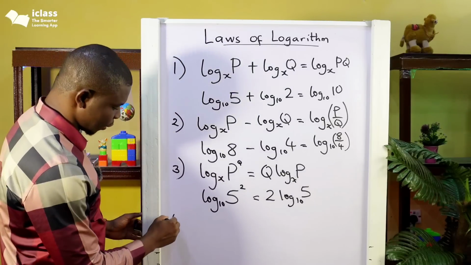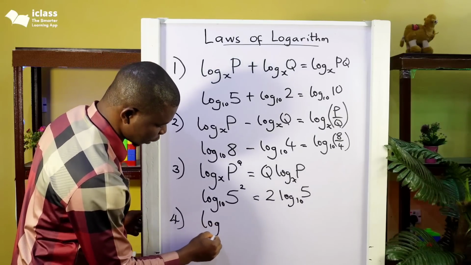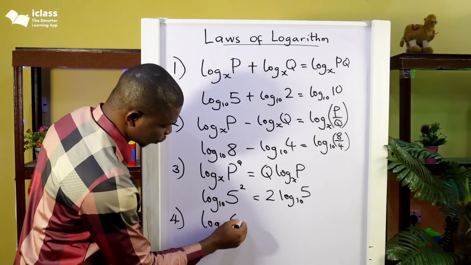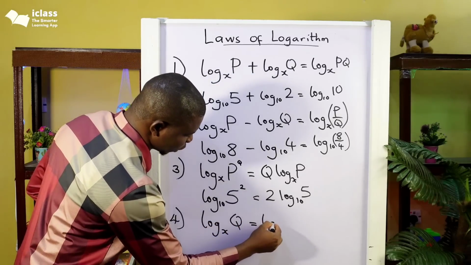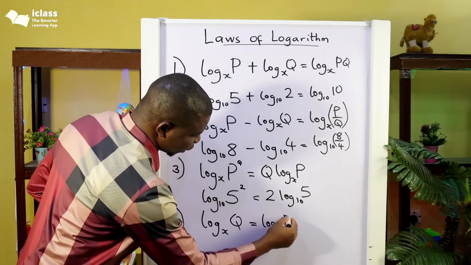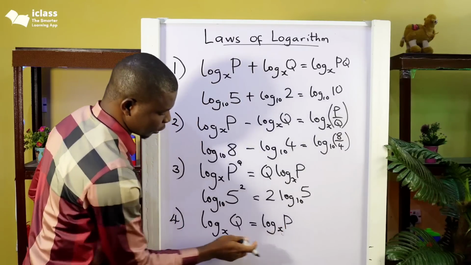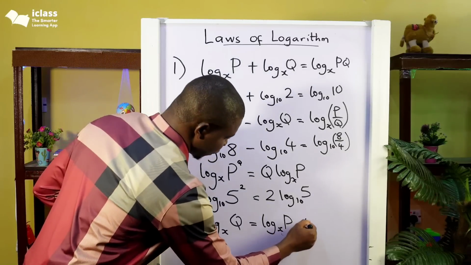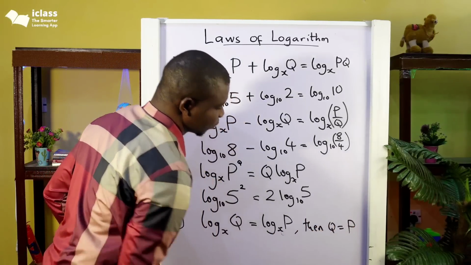And finally, if you have logarithm of the same base, let's say log q base x equals log p base x. If the base of the logarithm are the same, then the arguments have to be the same. So we can say then q is equal to p.